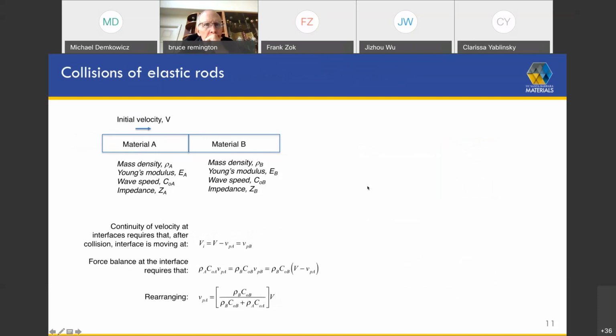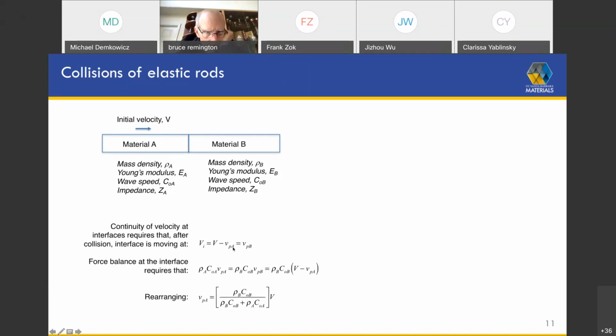Here again, we just go through the continuity equations. We write that upon impact, the interface velocity has to be equal to the velocity of this rod initially, minus the particle velocity in A at that interface, which will be acting in the opposite sense.